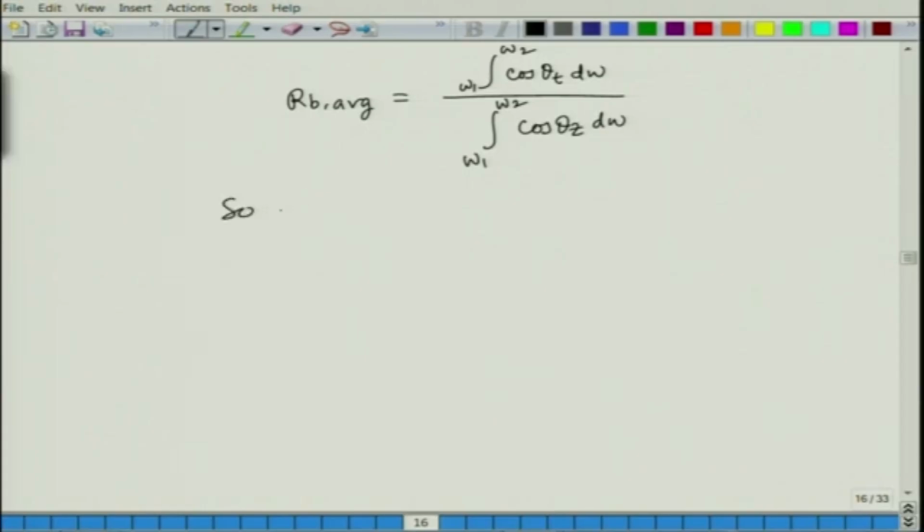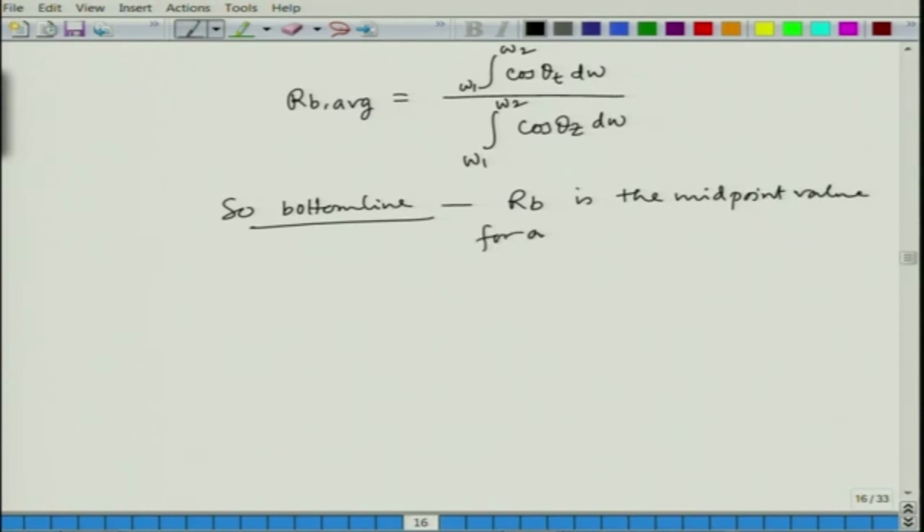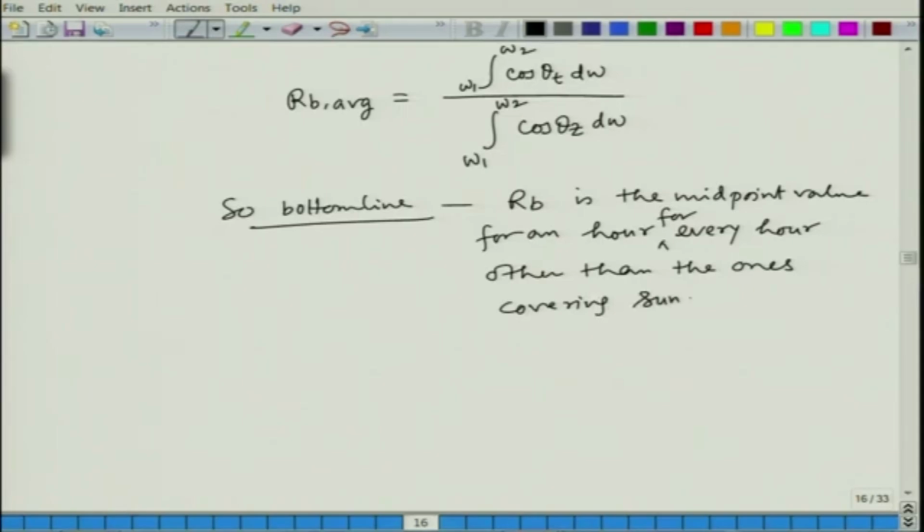So, the bottom line is R B is the midpoint value for every hour other than the ones covering sunrise and sunset.